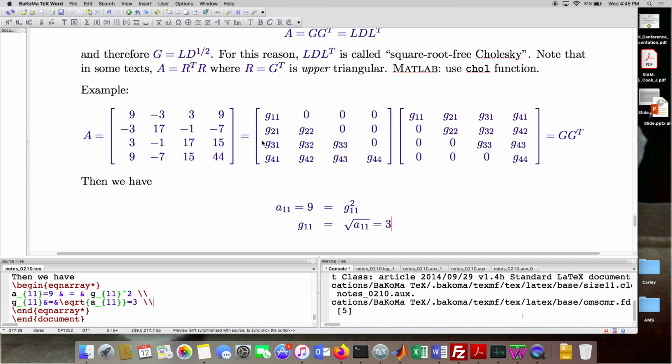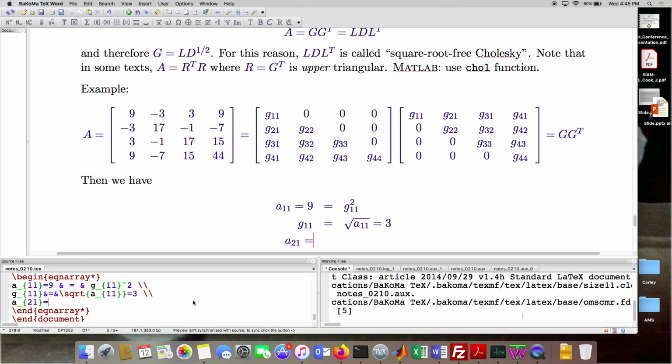Next, we go to the 2,1 entry. So I go across this row and again down the first column. But the first column is mostly 0. So I'm going to have G21 times G11, and that is equal to A21, which is equal to minus 3. So that's equal to G11 times G21.